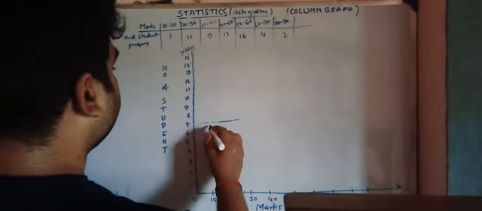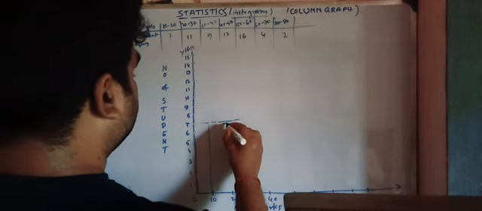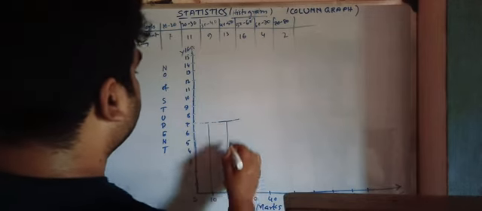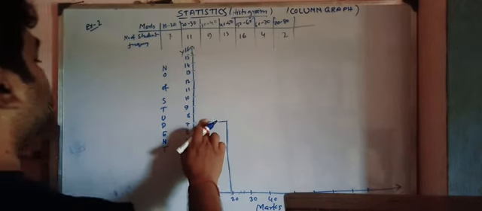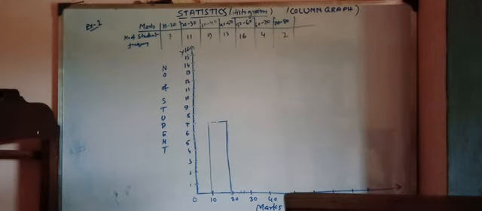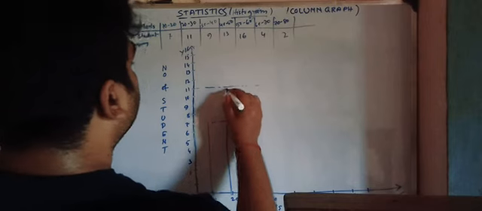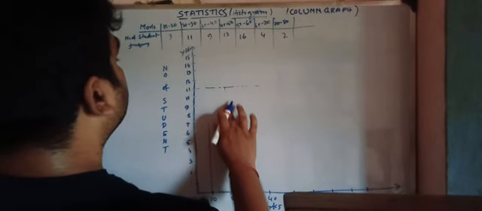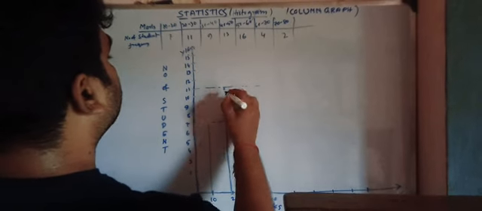So here it is the required bar graph. Next, 20 to 30, it is 11.